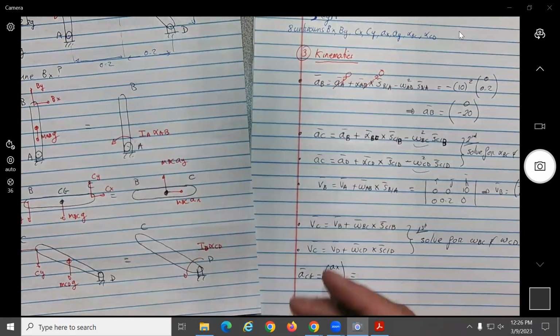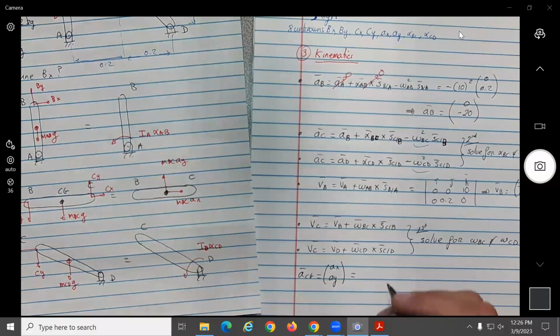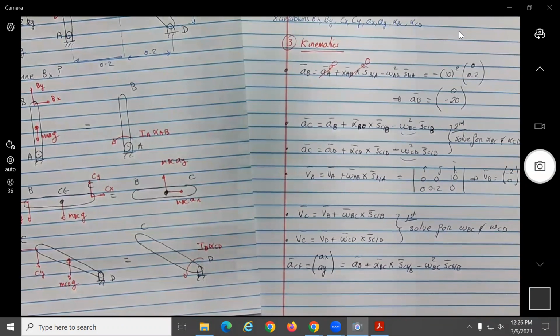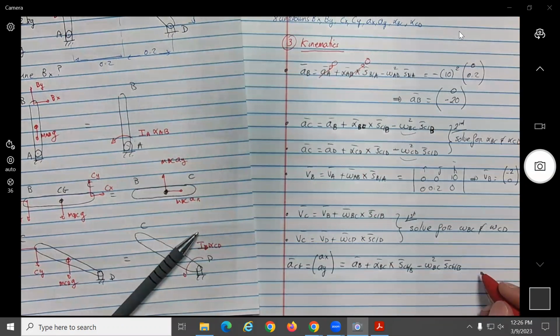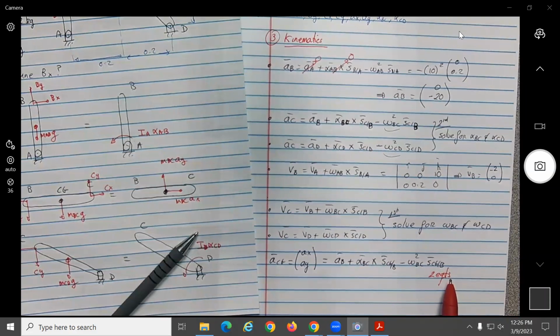So now you calculate here, let's say from point B. So it'll be equal to AB plus alpha BC cross S of CG with respect to B minus omega squared BC S of CG with respect to B. So this one over here will give you two equations, AX and AY.